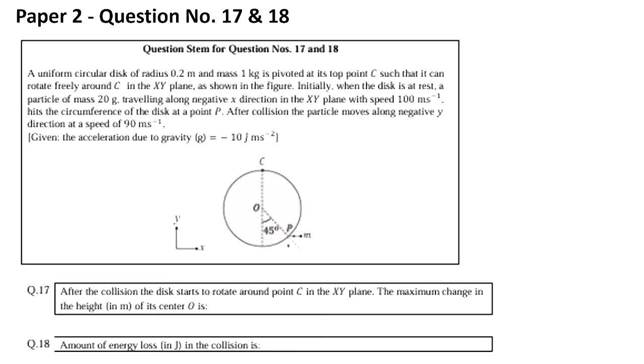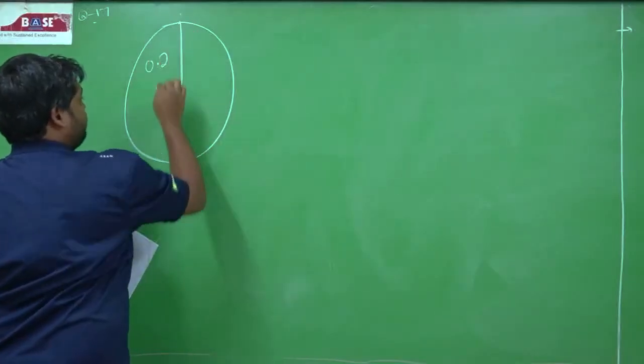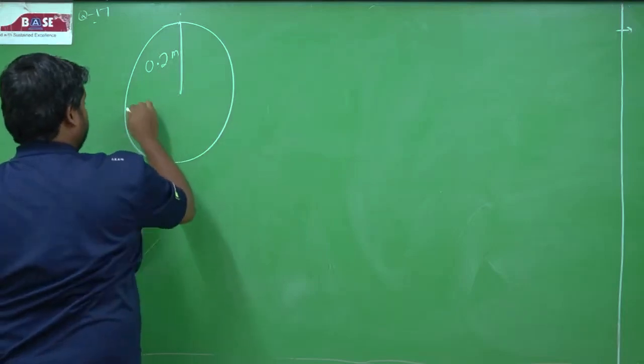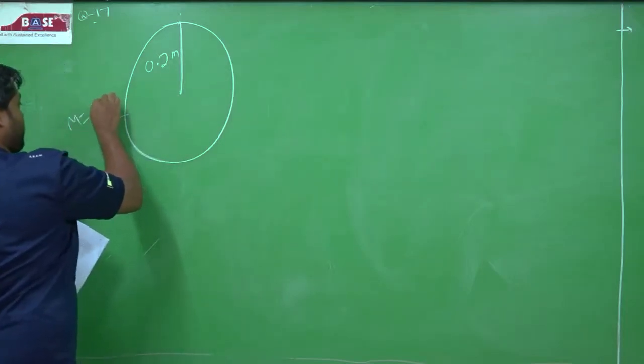JEE Advanced Paper 2, question number 17 and question number 18. Basically, this is a paragraph type question, and we'll first go through the question. It is given in question number 17 that a uniform circular disc is there, the radius is 0.2 meter, and the mass of this disc is 1 kg.